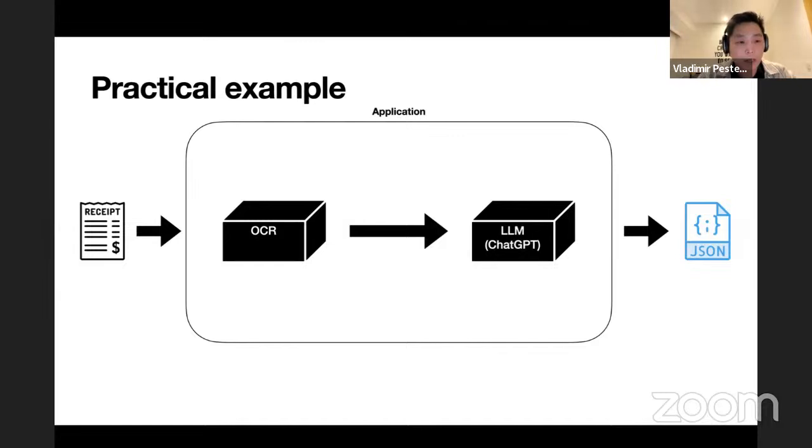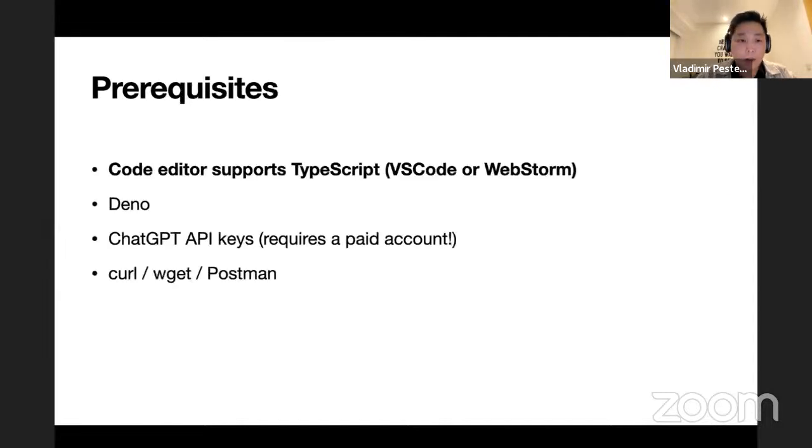We accept a receipt, pass it to OCR, which converts it to text, and this text can be passed to an LLM. The LLM can convert it to JSON or XML, or to any format we want to use.